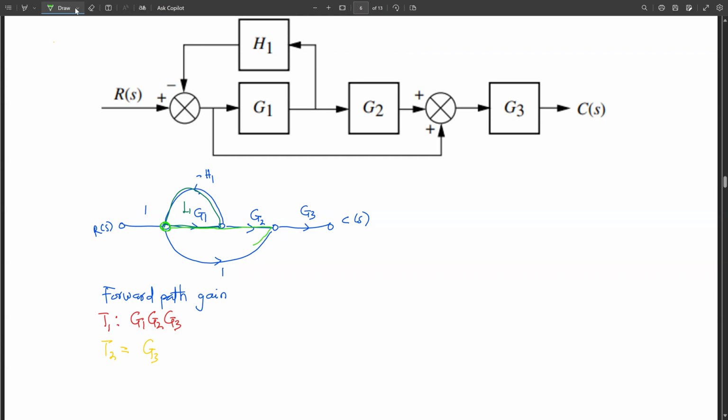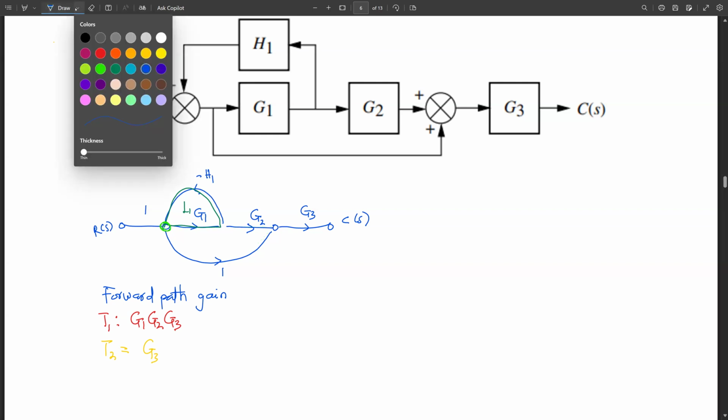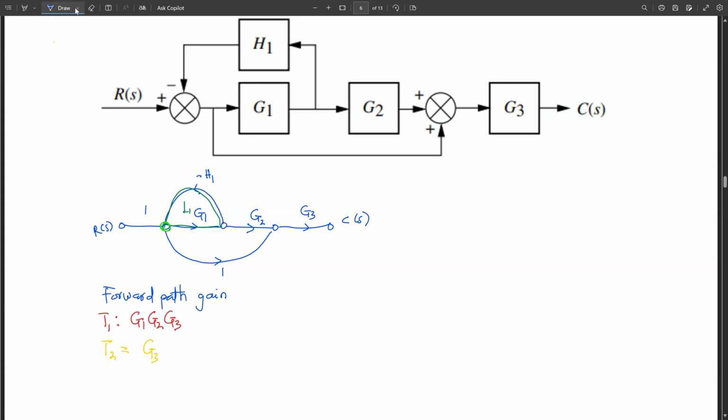That can never be a loop, and I'm sure you've seen it by now. Because if I move from here to that place, this actually opposes the movement of this to that side. So this does not qualify to be a loop, right? So it means that we only have one loop, just one loop.